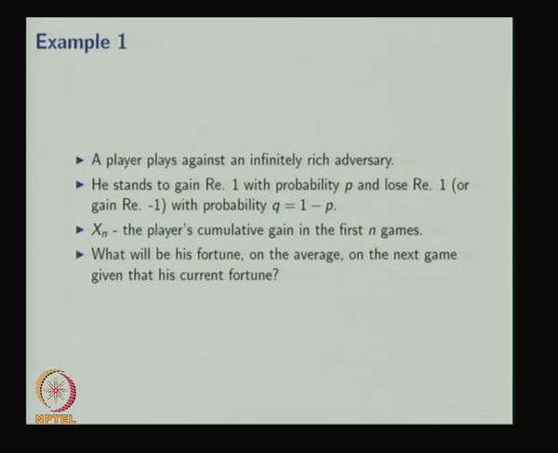An example: a player plays against an infinitely rich adversary. He stands to gain rupees 1 with probability P and lose rupees 1, which is equivalent to a gain of rupees minus 1, with probability Q, that is 1 minus P. Let Xn be the player's cumulative gain in the first n games.